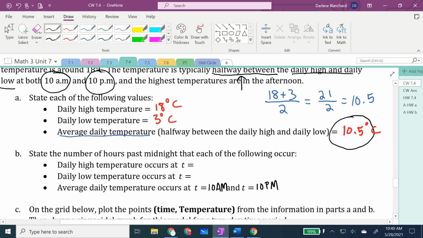What we can decide to do is look at number of hours past midnight and use that for my T numbers because I've got the AM PM problem and I need to get rid of the AM PM problem. So that means that I'm going to use T equals 10 for the AM. And what would 10 p.m. be?